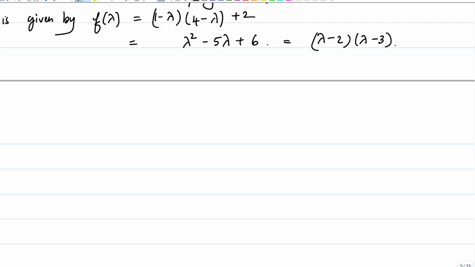So, let us look at more examples to consider this particular problem. Let us look at this example of A being equal to 2 0 and 0 2. What will be the characteristic polynomial here? This is already a diagonal matrix, as you can see.